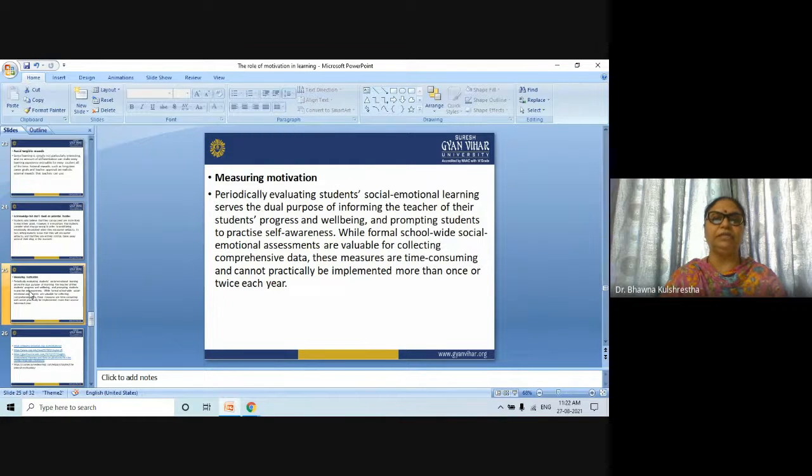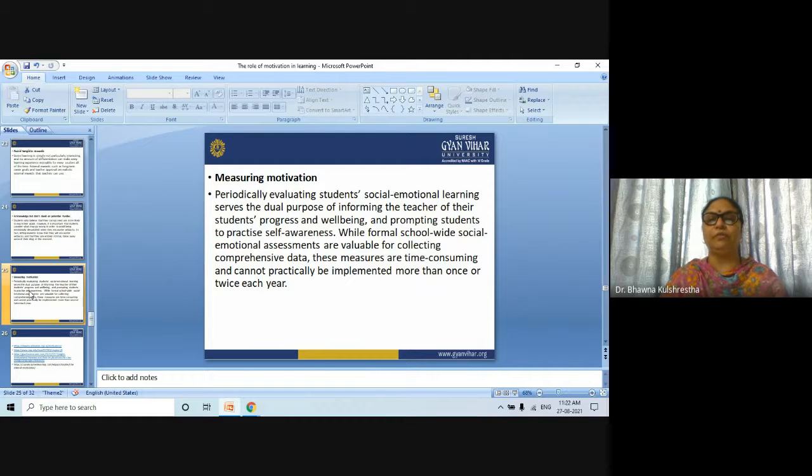And the next is measuring moment-to-moment motivation. Periodically evaluating students' social emotional learning serves the dual purpose of informing the teacher of their students' progress and well-being and promoting students to practice self awareness.